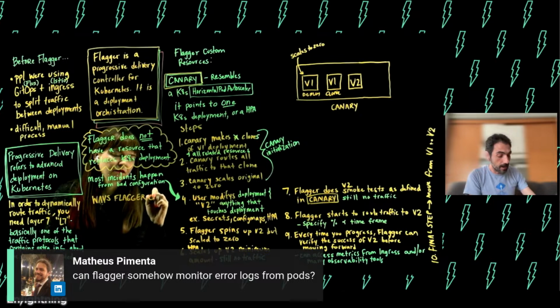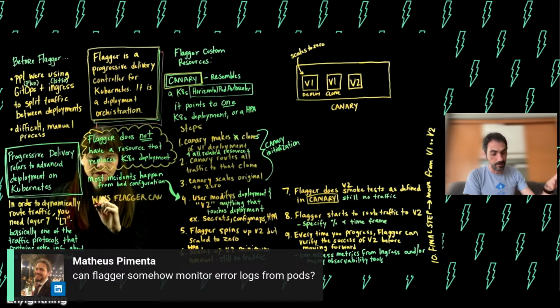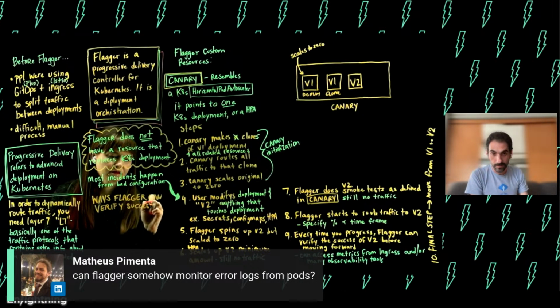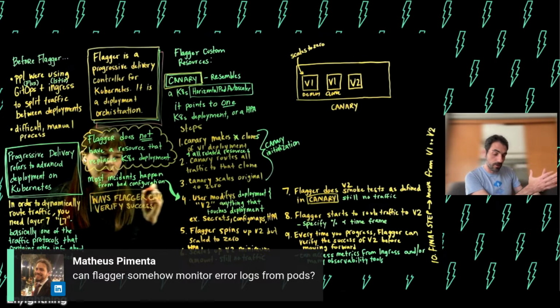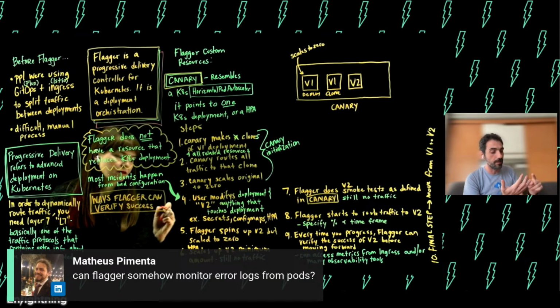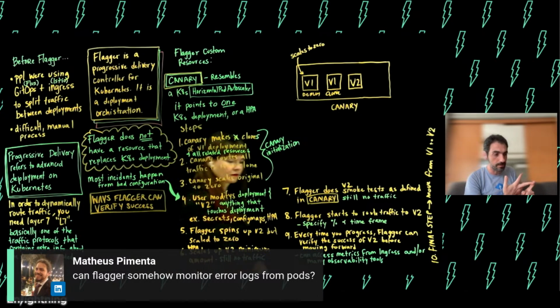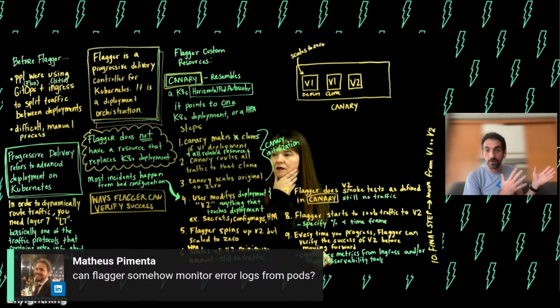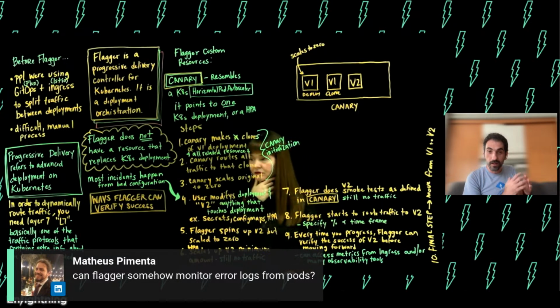There are a lot of Flagger users who have their own custom monitoring tools, and Flagger will call those tools. When Flagger calls the tool, it sends the canary name, the deployment name, the namespace. So that tool can identify, oh, Flagger wants a response for this particular application.